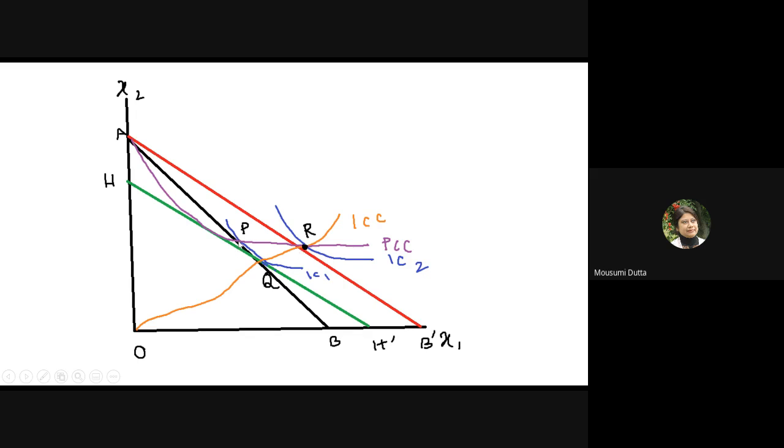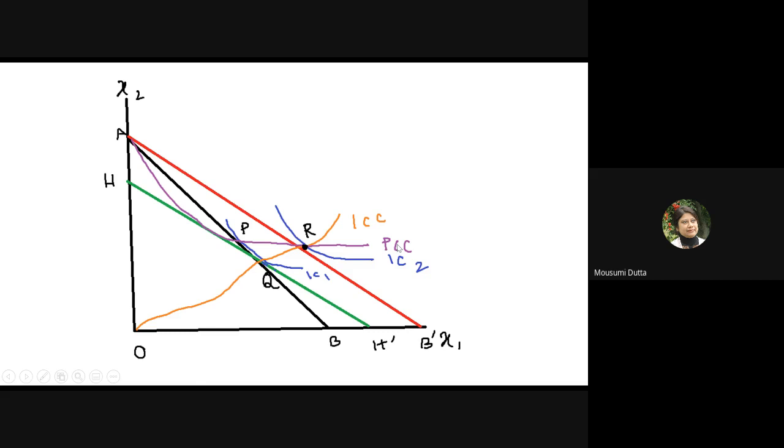So if I join this point of tangency with this point of tangency using a locus starting from A, that is a PCC.